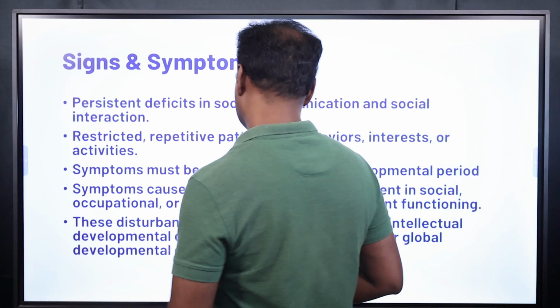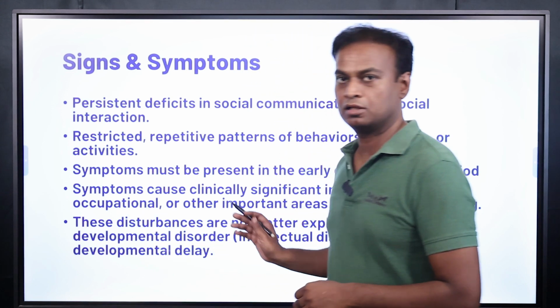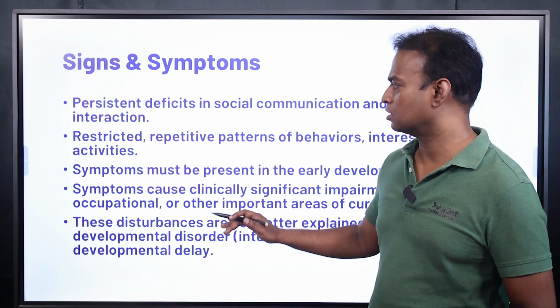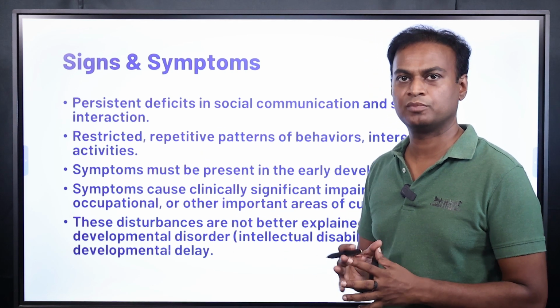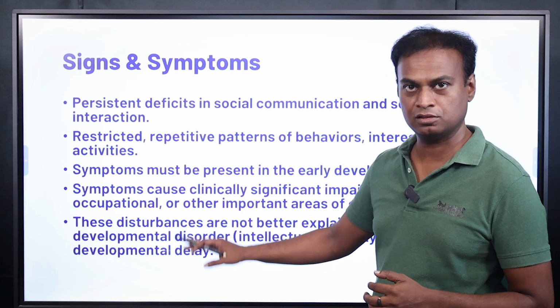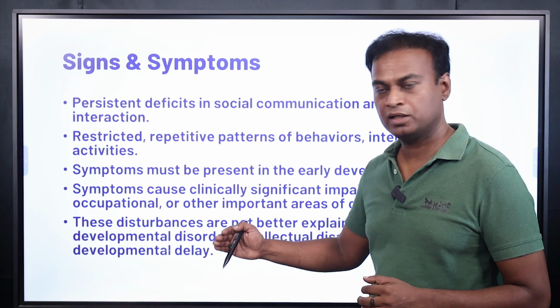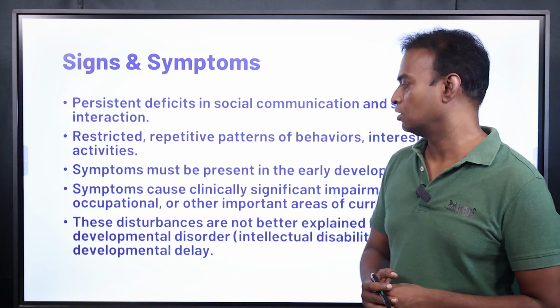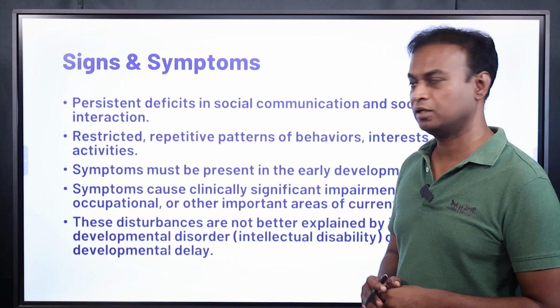First one is intellectual developmental disorder. Intellectual developmental disorder is completely different from autism. Sometimes it may overlap. Autism kids may have intellectual developmental disorder, but intellectual developmental disorder can be standalone. It should not be confused with autism. What does intellectual developmental disorder mean?